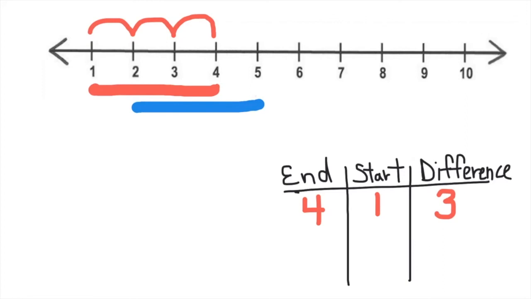All right, so here you can see that the log or the ant road has shifted. So we can see that the ending point is at 5, the starting point is at 2. What is the difference or the distance between the starting and ending points? 1, 2, 3.